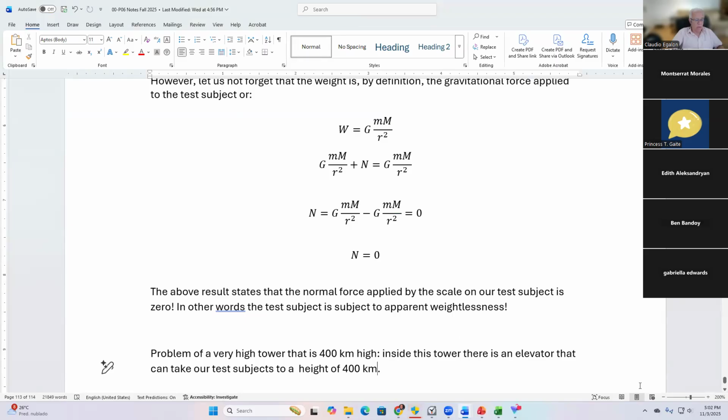Problem of a very high tower that's 400 kilometers high. Inside the tower there's an elevator that takes our test subject up to a height of 400 kilometers. Calculate the apparent weight of our test subject at the top of this tower.